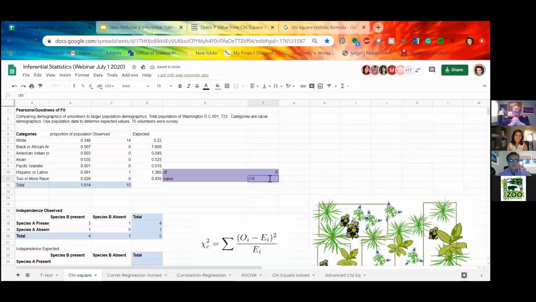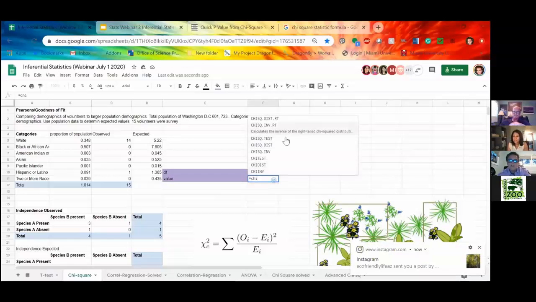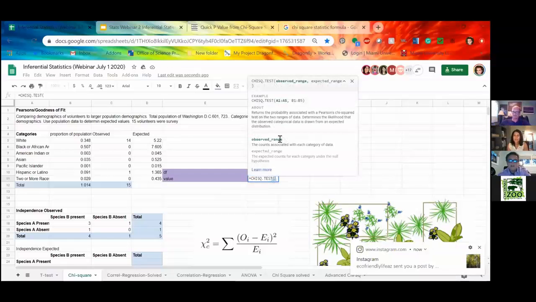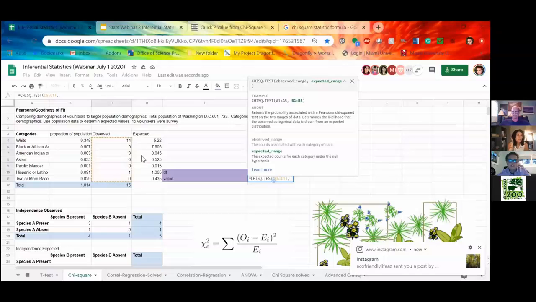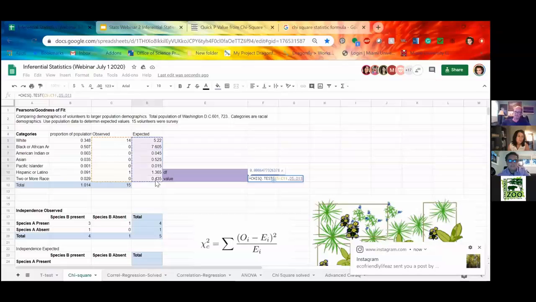It worked fine. All right, let's try this one more time. Our observed and our expected. There we go.